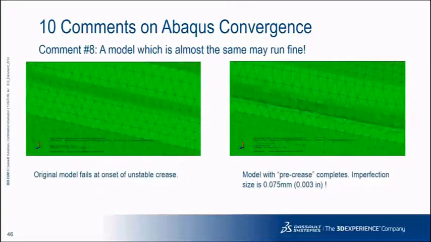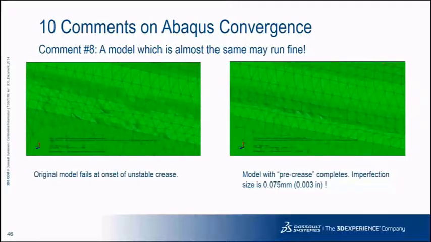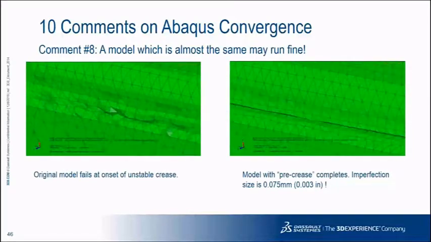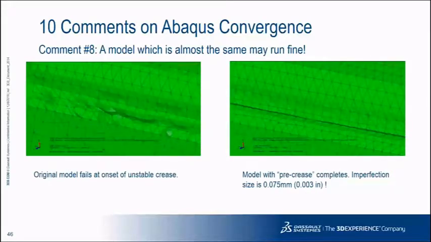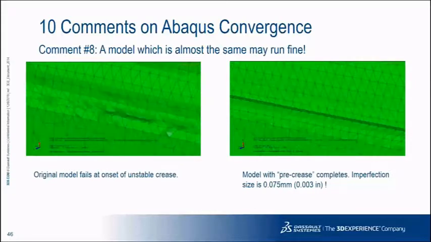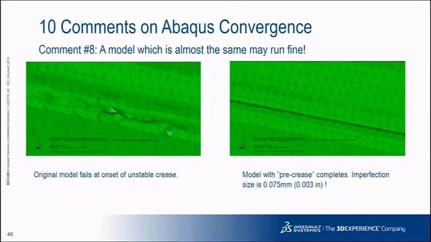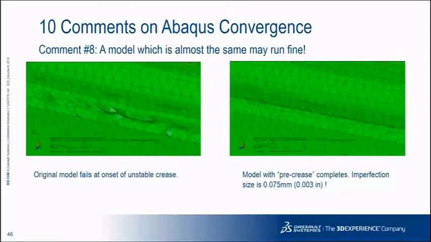Comment number 8, a model which is almost the same may run fine, so don't be afraid to make some small changes to try to get things to work. In this example here, I went in and pre-creased the surface, if you will, by moving the nodes over a little bit so that I was able to form a crease in this rubber component, whereas in the original model it couldn't decide what it wanted to do because of the irregular deformation pattern from those quadratic tet elements.